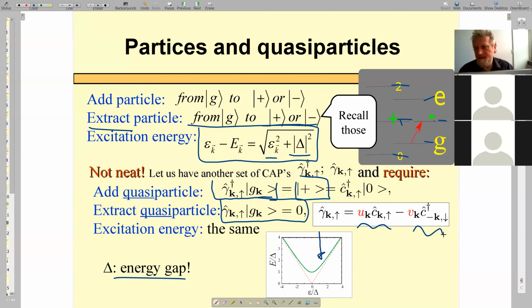Max Russ has discussed those in one of the problem-solving sessions. Here's an example. So if we choose the gammas in such a way, we get a true quasi-particle operator. It also means that quasi-particles in a superconductor don't bear a certain charge. They're neither electrons nor holes. They're superpositions of electrons and holes.